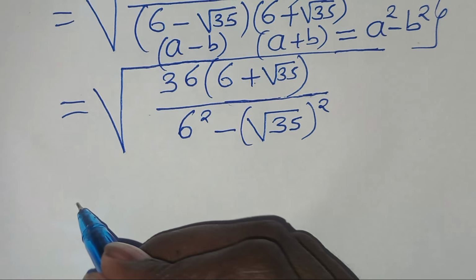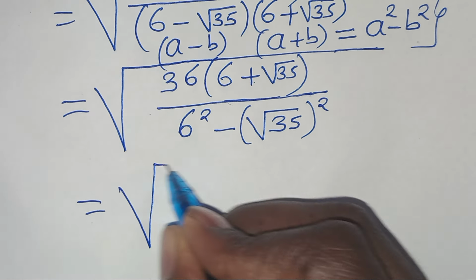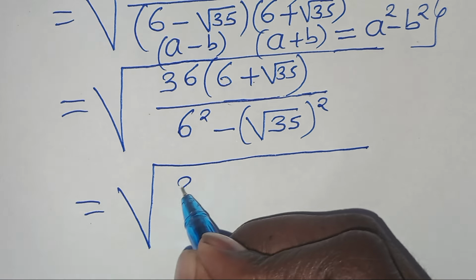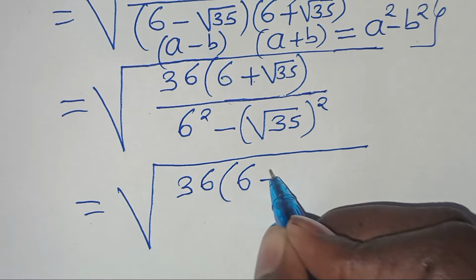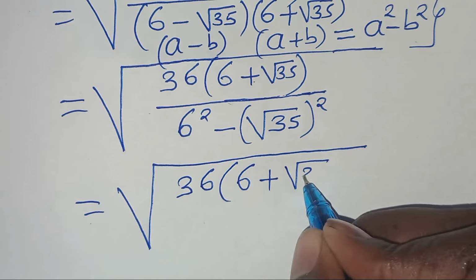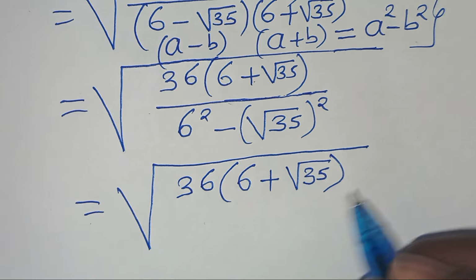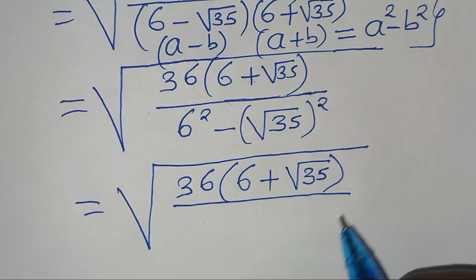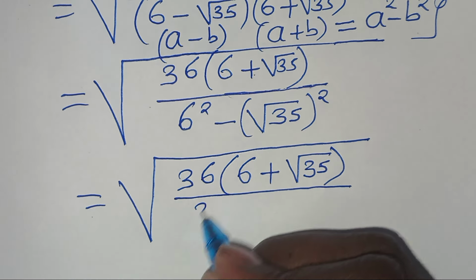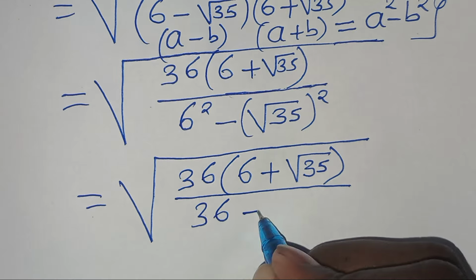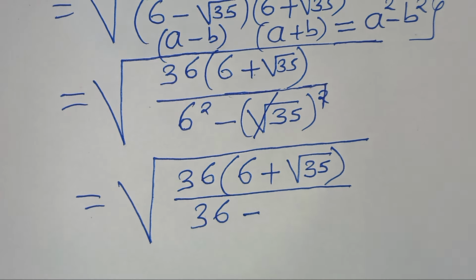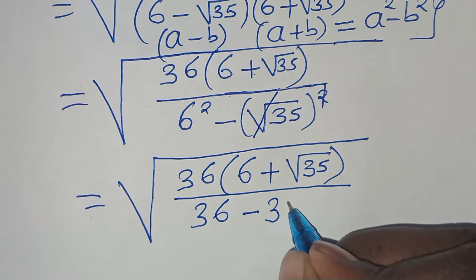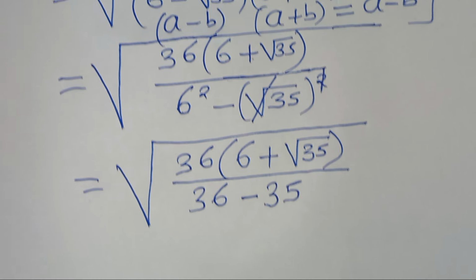Now the next step is that we have the square root of 36 multiplied by 6 plus square root of 35, close the parentheses, divided by 6 squared, this is equal to 36, minus, now square root of 35 to the power of 2, eliminate the square root sign, so this is 36 minus 35.